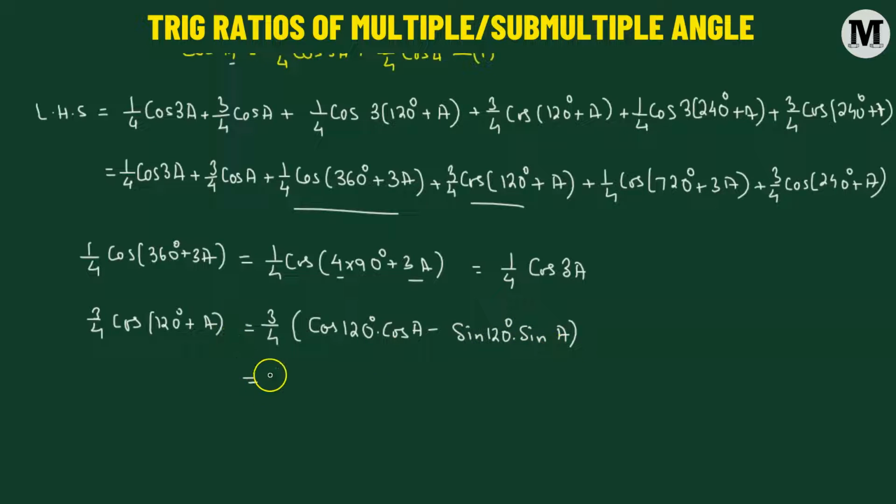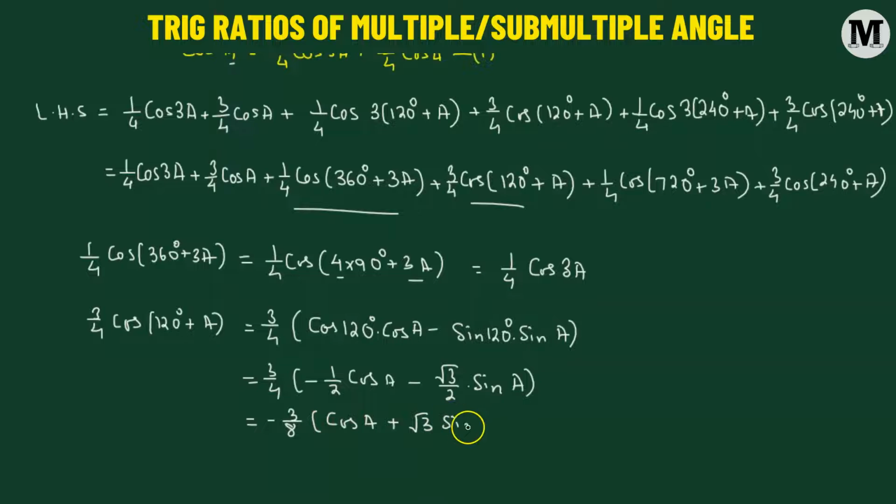So this will be equal to 3/4. Now cosine 120 degrees is -1/2 multiplied to cosine of angle a, minus sine 120 degrees, which is square root of 3 over 2, multiplied to sine of angle a. If we factor out negative half, we are going to get -3/8 multiplied to cosine of angle a plus square root of 3 times sine of angle a.